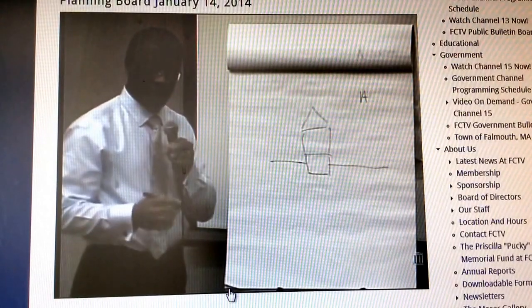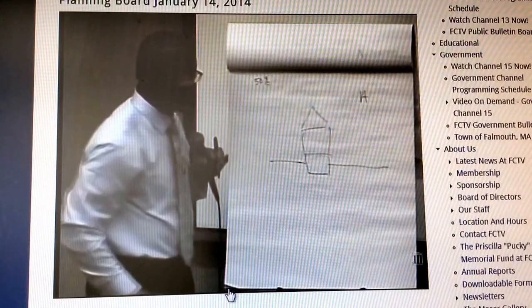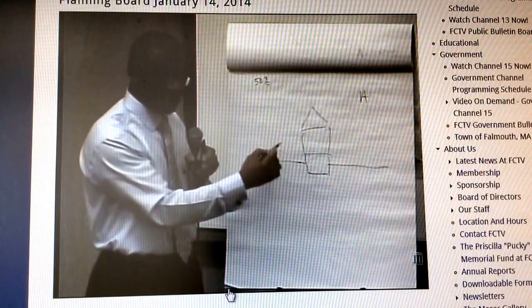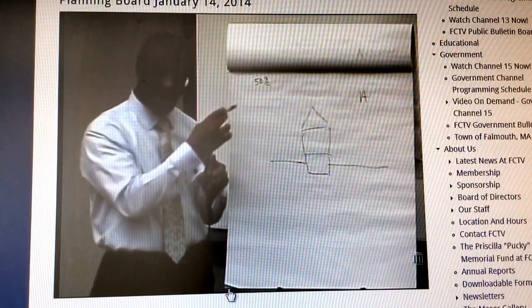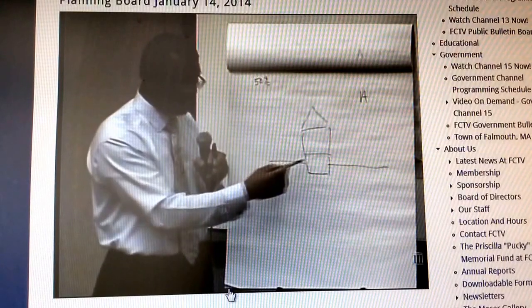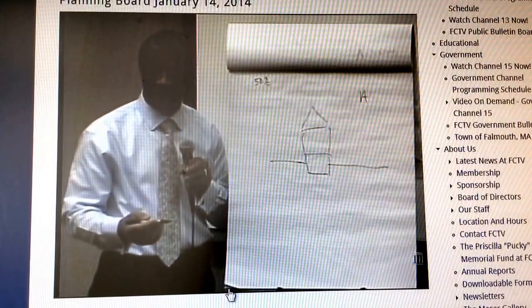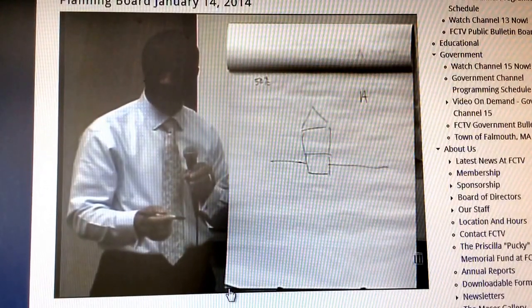What the state building code says is that if the cost of those renovations is going to be greater than 50% of the market value of that structure, then this entire structure has to conform. You have to bring it into compliance. If it's less than 50%, then you do not have to bring it into compliance.